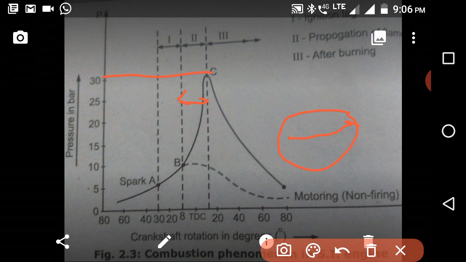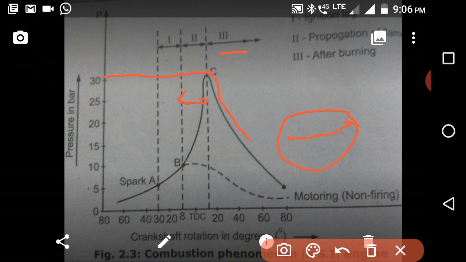What is that? This is the after burning process, and this third stage is the initial portion of the expansion process in the SI engine.